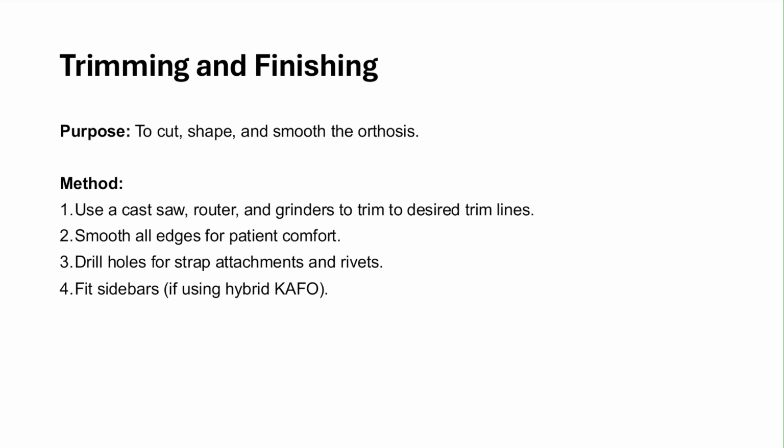So I will provide you the ideal trim line and also the method to do this. This is to provide comfort to the patient. If you apply force at the popliteal area, then other problems will happen.